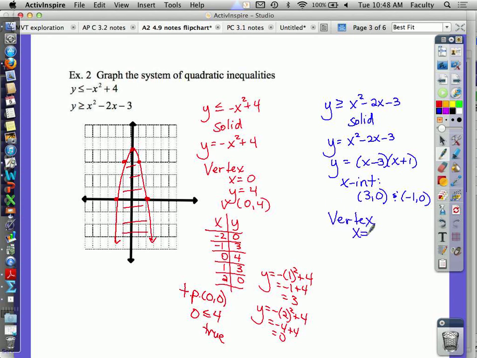So my vertex is -2 over 2 times 1. Then the y value would be 1 squared minus 2 minus 3. So I have a 3, 0, a -1, 0, and 1, -4. It's solid and it's opening up.